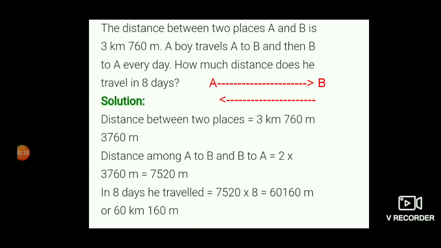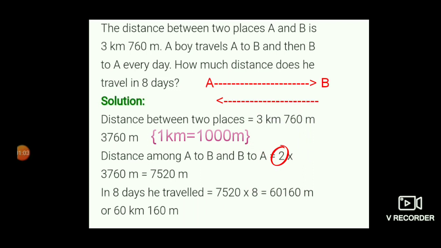So in solution, distance between two places is given as 3 km 760 meter. As we know, 1 kilometer equals to 1000 meter, so 3 km 760 meter will be equals to 3760 meter, and distance among A to B and B to A will be equals to twice of 3760 meter, because he is traveling the same distance twice in a day.